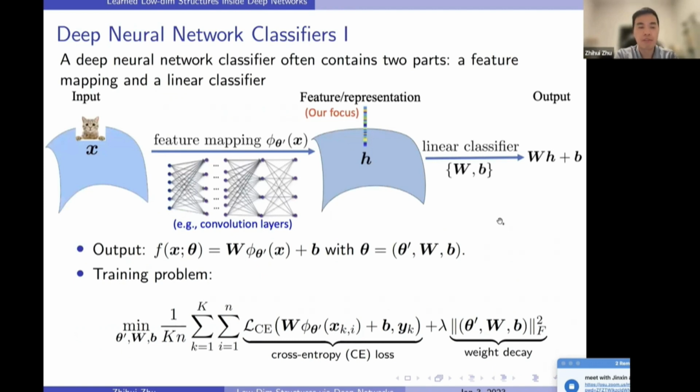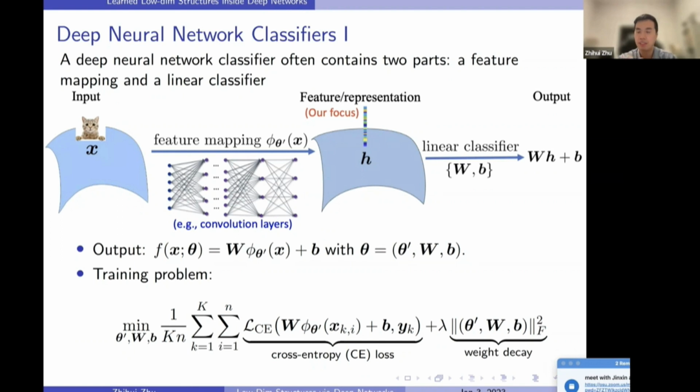We will have different deep neural network architectures, but most of them contain two parts. The first one is called feature mapping, where we map an input image X to, say, a long vector in a high-dimensional space. And then on top of the feature vector, we have a linear classifier. There exist different architectures for these feature mappings.